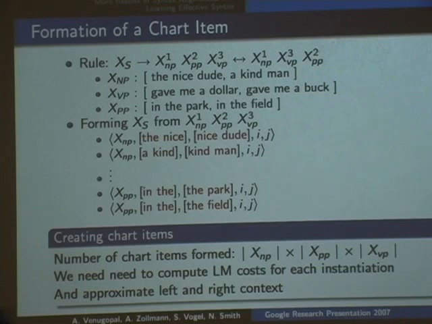And for each of these, we need to compute language model costs. And we have to make this decision, and potentially we might even have to make some decisions about throwing some of them away simply to make sure that the search finishes in time. And so we might actually have to approximate the left and right context when making these decisions, right? Because again, this is all happening for one particular chart span.